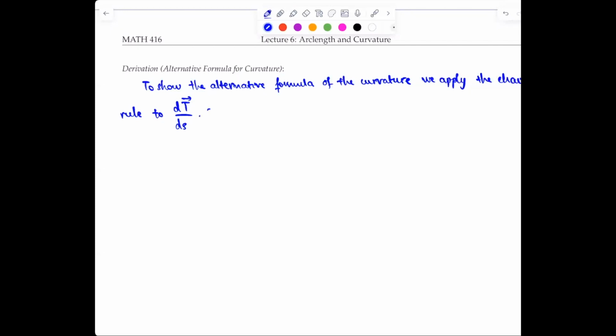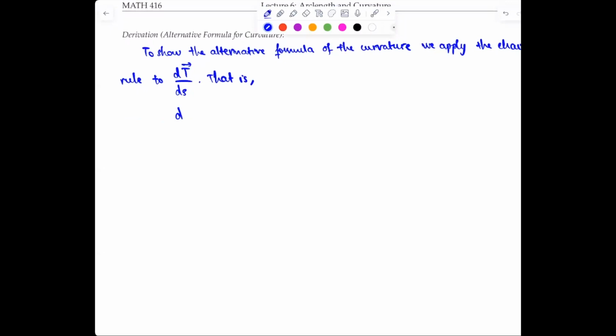That is, bear with me here. You have dT/dt equal to dT/ds multiplied by ds/dt.